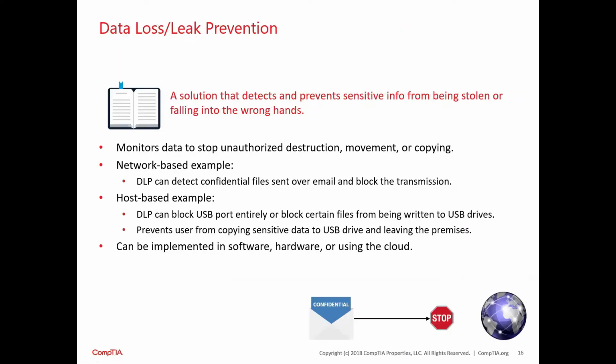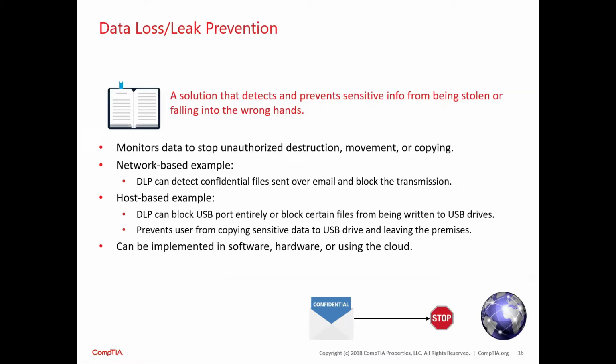And the other thing that also needs to be put in place is data loss or data leak prevention, a solution that detects and prevents sensitive info from being stolen or falling into the wrong hands. It allows you to monitor data to stop unauthorized destruction.